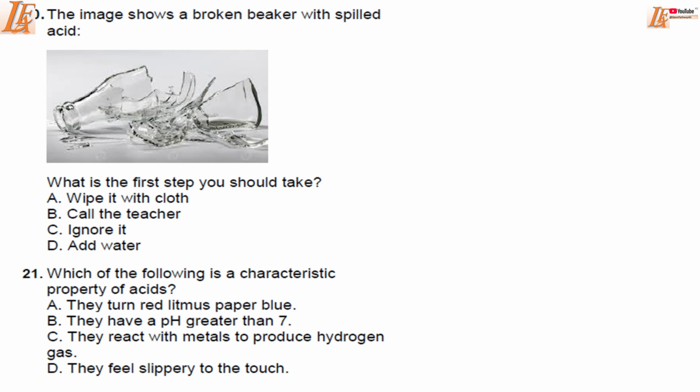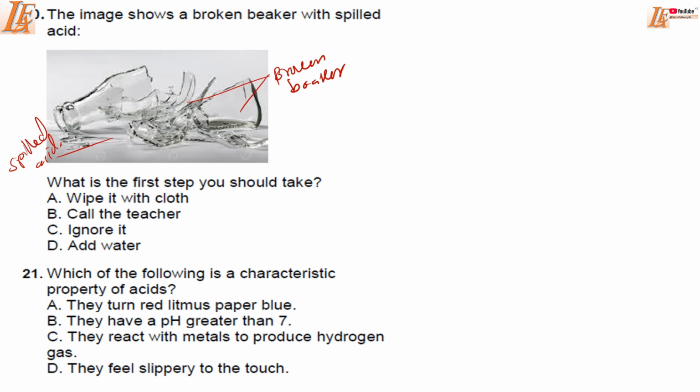Question 20. The image shows a broken beaker with spilled acid. So in this case, you can see this is a broken glass beaker, and you have a spilled acid on the floor.